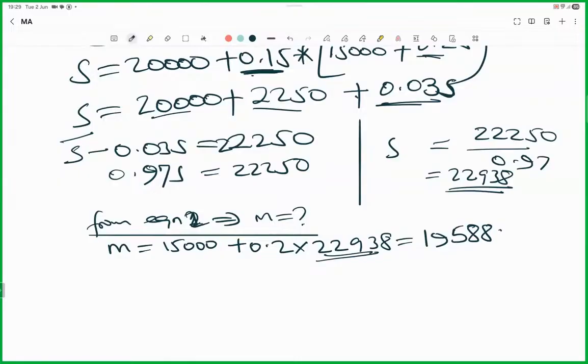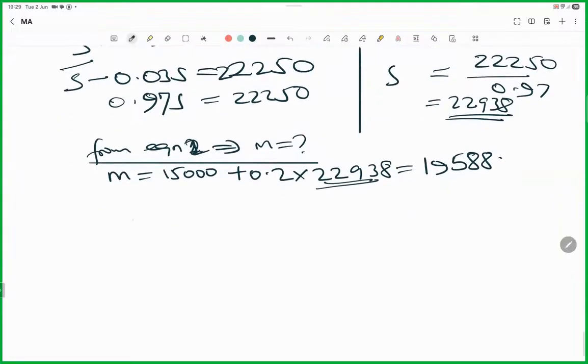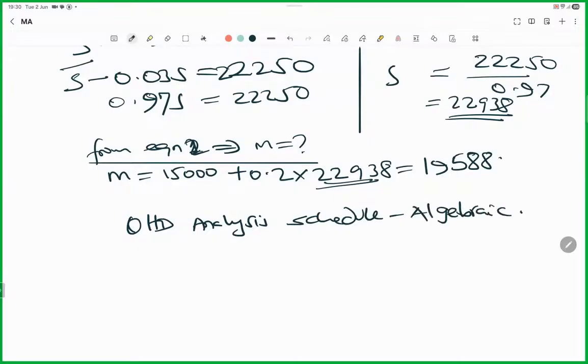So now what you need to do is to give us the overhead analysis schedule using algebraic methods.